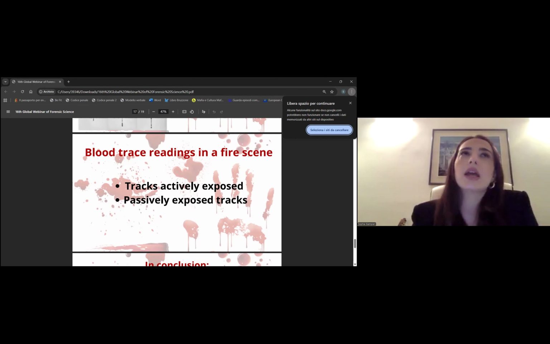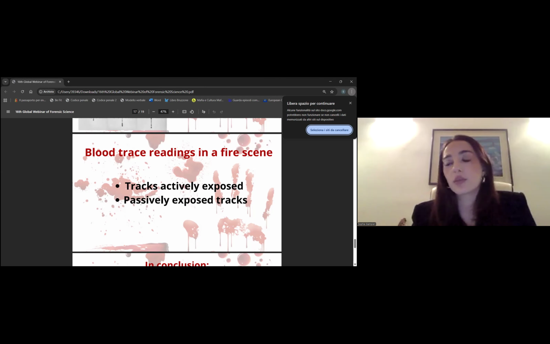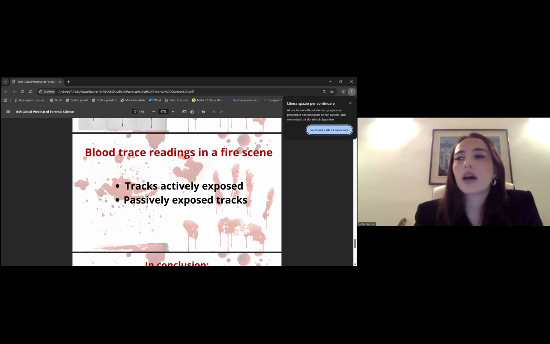So in this case, we clearly have additional variables to consider, as fire has important destructive properties. Consequently, it's able to alter both the internal structure and external morphology. In this scenario, it's therefore appropriate to make a distinction between a crime scene with blood traces actively exposed to fire, and a second scenario, a crime scene with blood traces passively exposed to fire.